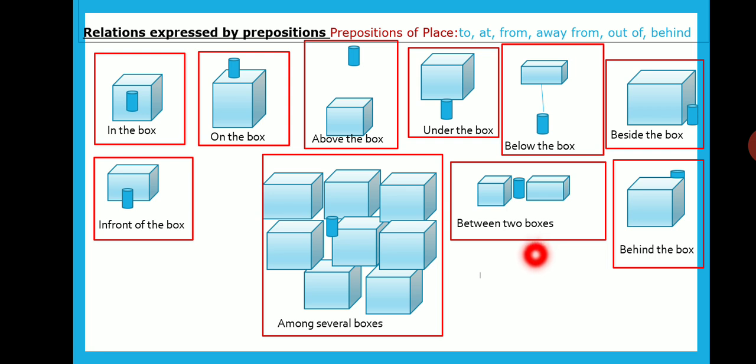When do you use the preposition between? When you have two boxes and the can is in the middle of two boxes, then you use the preposition between two boxes. And the last one, I have kept the can in the back side of the box, that is behind the box. I hope it is clear for you.